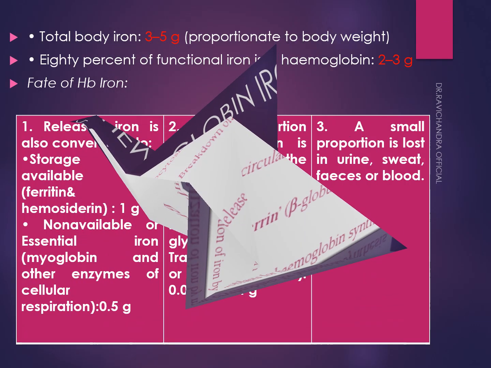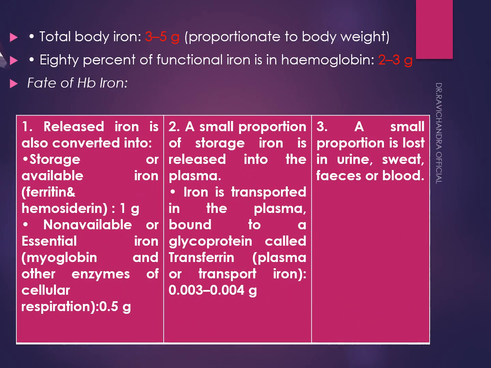Total body iron is 3 to 5 grams, which is proportionate to the body weight. 80% of functional iron is in hemoglobin, that is around 2 to 3 grams. The released iron is converted to storage or available iron, ferritin and hemosiderin, 1 gram, non-available or essential iron, myoglobin and other enzymes of cellular respiration, 0.5 grams.